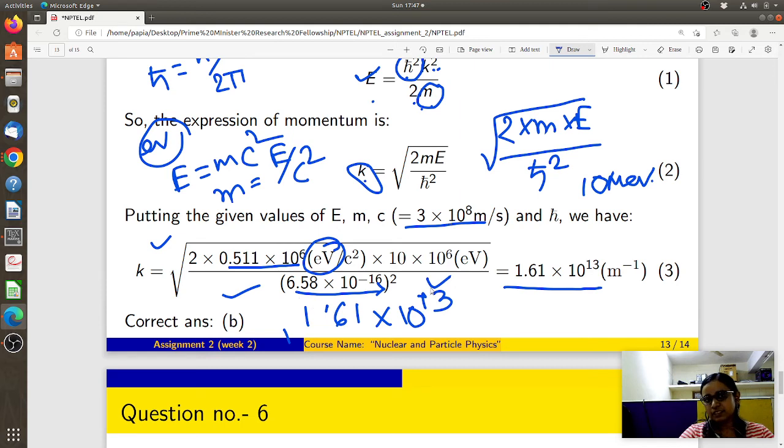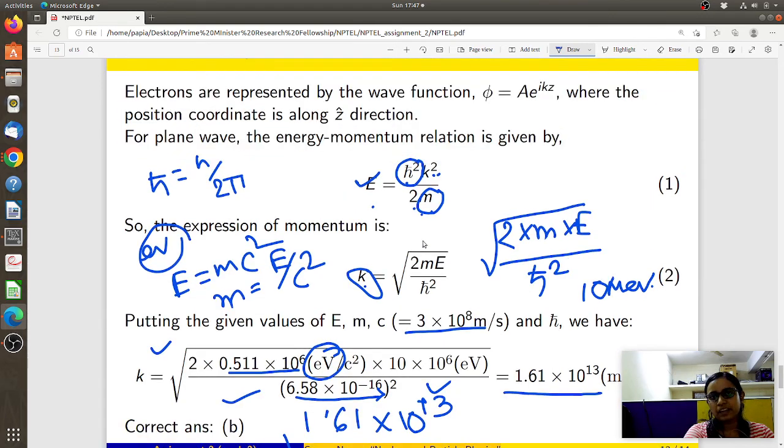H bar is 6.5 into 10 to the minus 16 as a whole square. After calculating, we get 1.61 into 10 to the power 13 meter inverse. So this is a very simple expression between energy and momentum, E equals h bar square k square by 2m. There is nothing more than that.